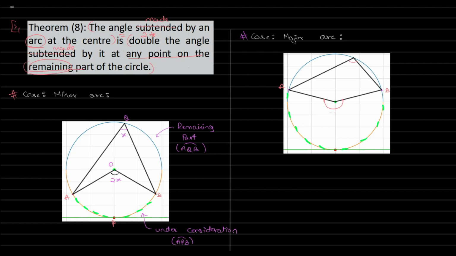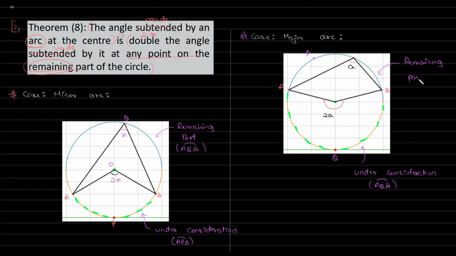So in this case, if this is 2A, that will be A, right? So to make things clear, this is the part under consideration, right? So this is your Q part, and that's your P part. So this is arc AQP, and remaining part is your minor arc.